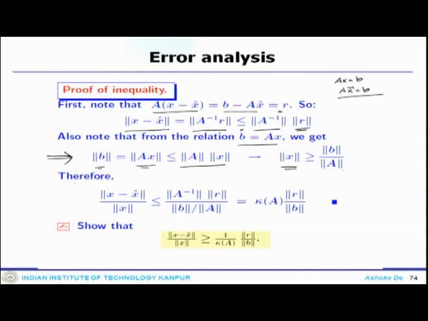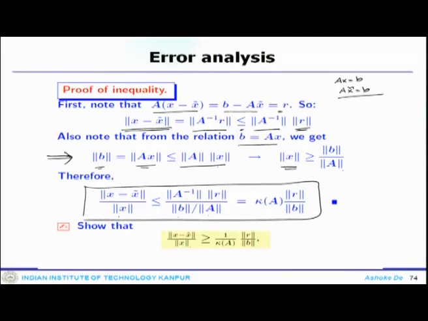So, now I can write that the norm of x minus x prime divided by the norm of x is less than the norm of A inverse and the norm of R divided by the norm of b by the norm of A, which is nothing but the condition number times the norm of R over the norm of b. So, one can show that it is greater than this factor.